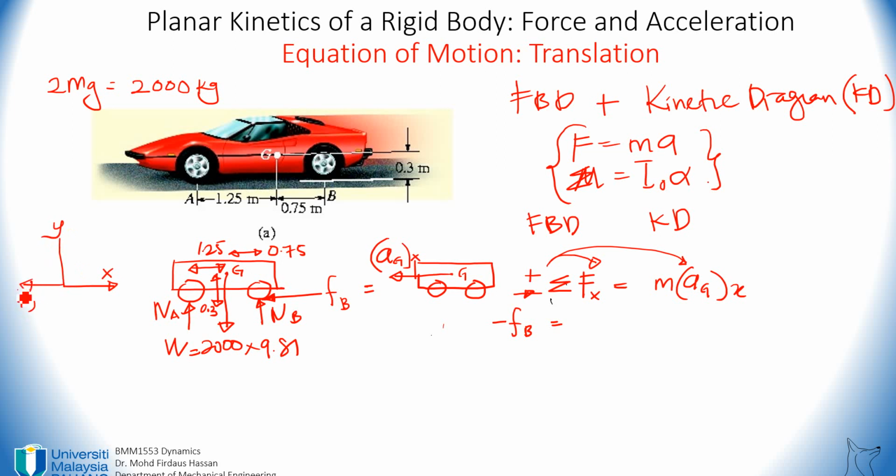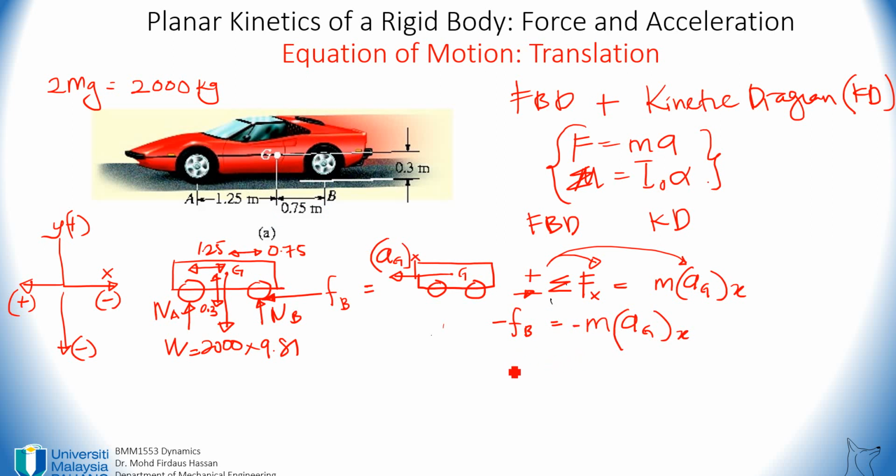This one positive, this one negative. Okay, so there's only one force acting in X direction. So you will have negative FB is equal to M A G X. But here, this car accelerates to the left, so A should be negative.